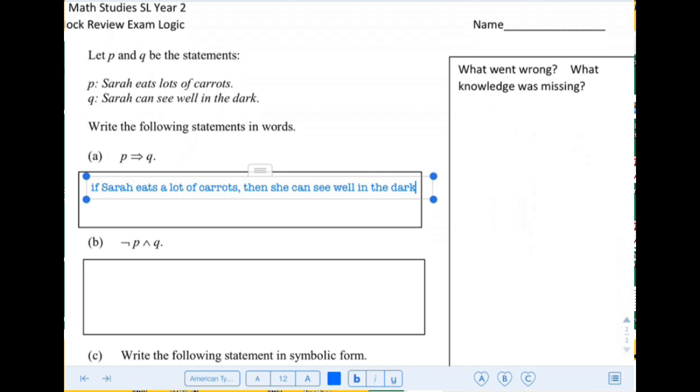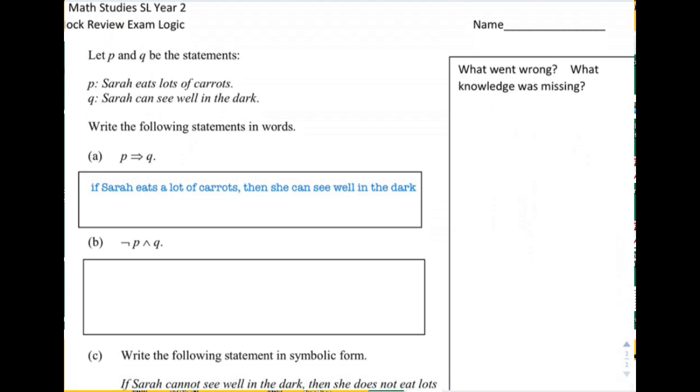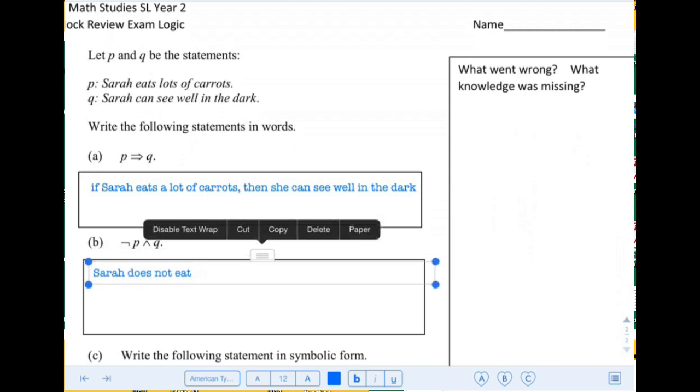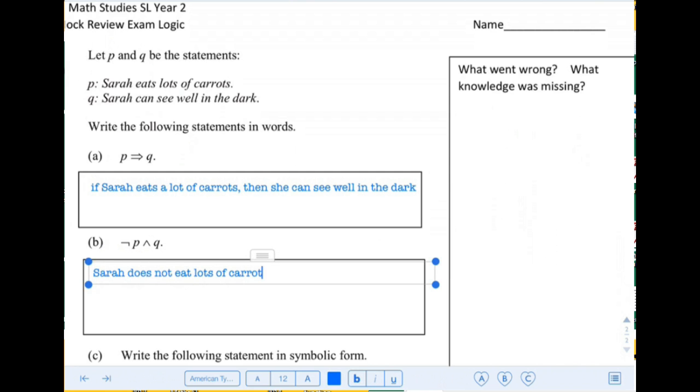That's easy, right? Now do not P and Q. So Sarah does not eat lots of carrots, and she can see well in the dark.